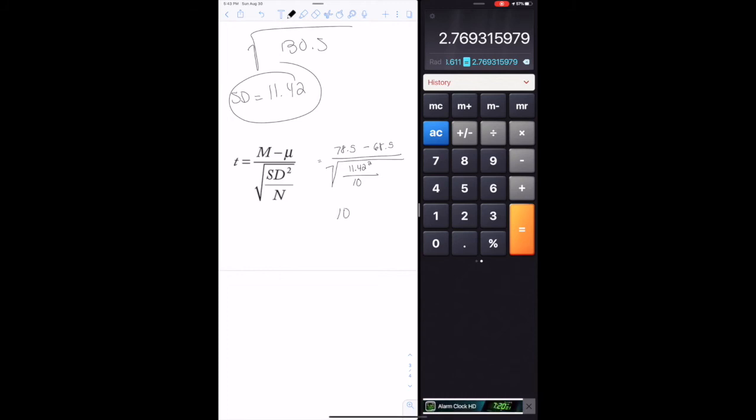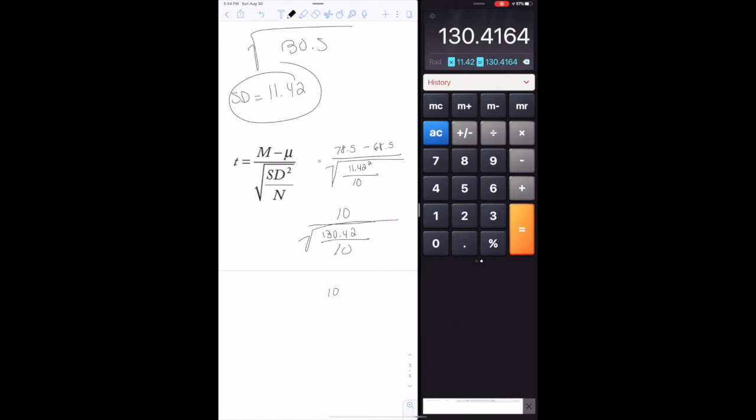We had all those ugly numbers, but now you can see the math's going to be nice for us. It's kind. Let's take 11.42 squared, which is 130.42. We're going to round to the 100th place here. Divided by, still square rooted, divided by 10.